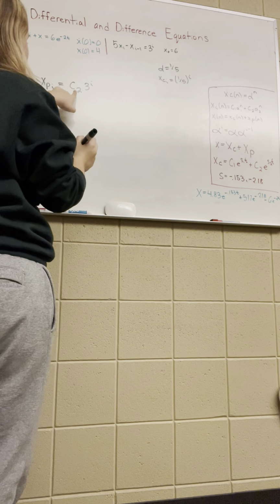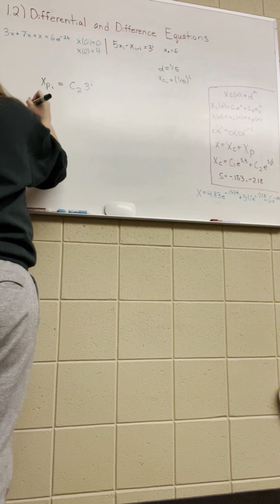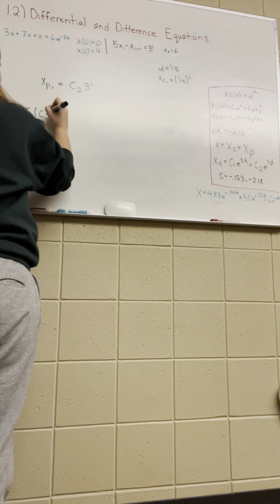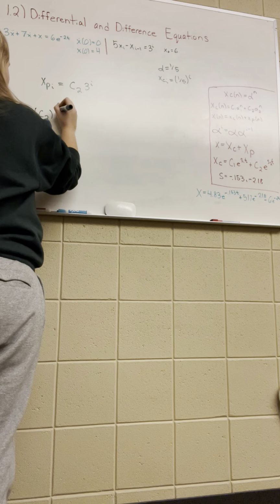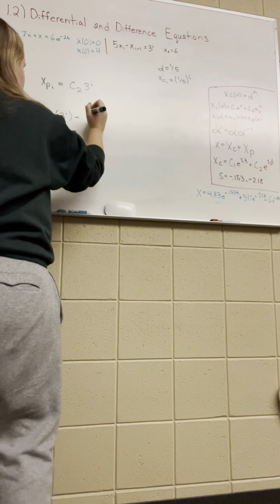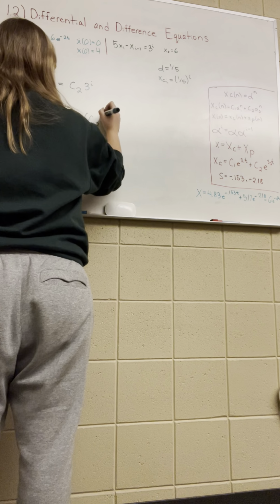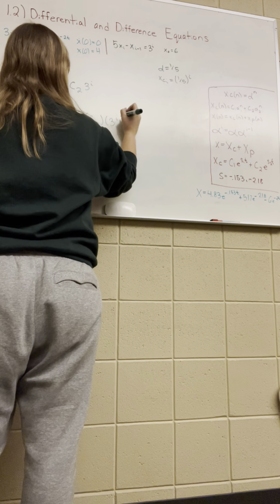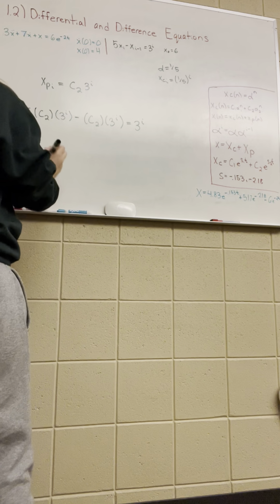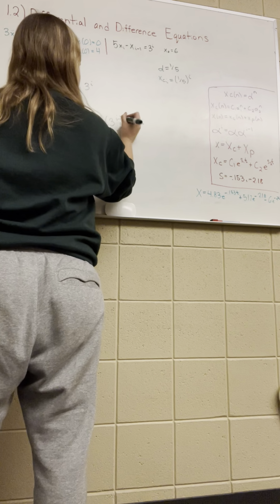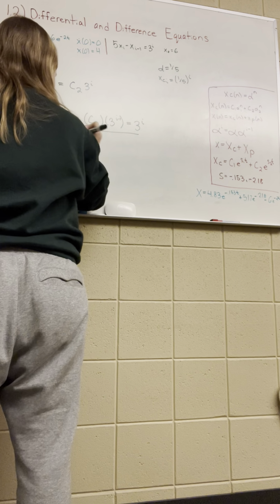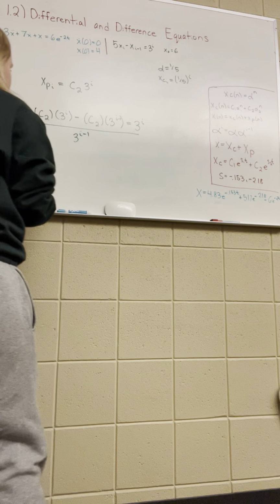So we will continue, we're going to actually plug this into our original equation. So 5 times c2 times 3 to the i minus c2 times 3 to the i minus 1 equals 3 to the i. And then we can divide this all by 3 to the i minus 1.